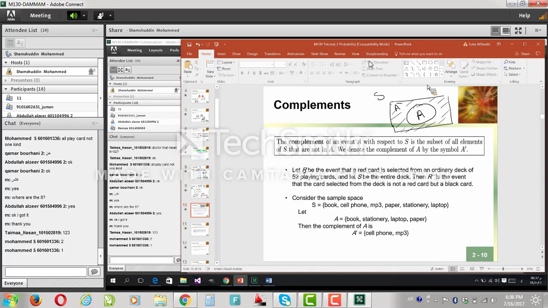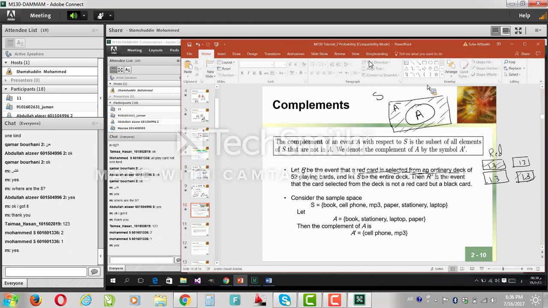In this example, R is the event of getting a red card, when we talk about an ordinary deck. We said that we have 4 suits, 13 cards each. Some are red, and the other part is black. R is the event that we are getting a red card out of the 52 playing cards that we have, and S is the entire deck.